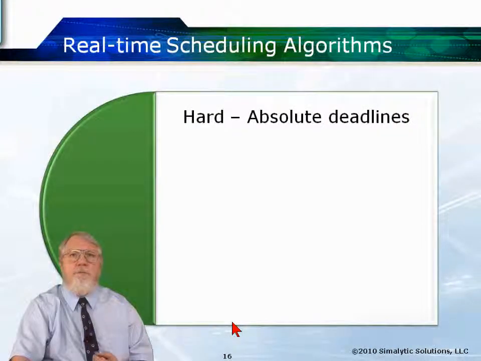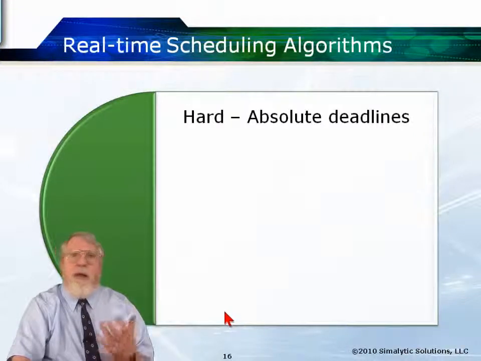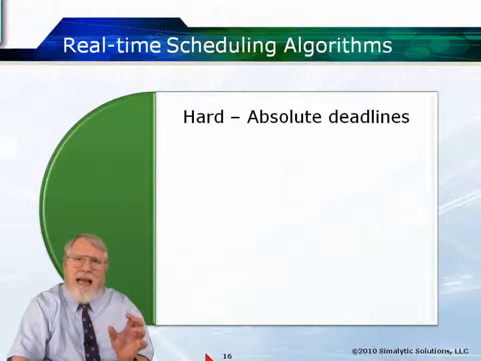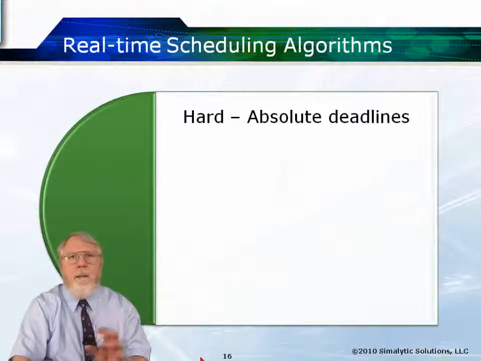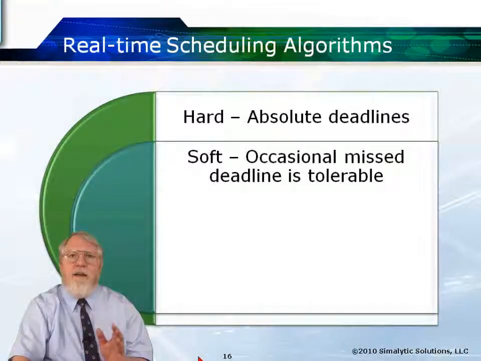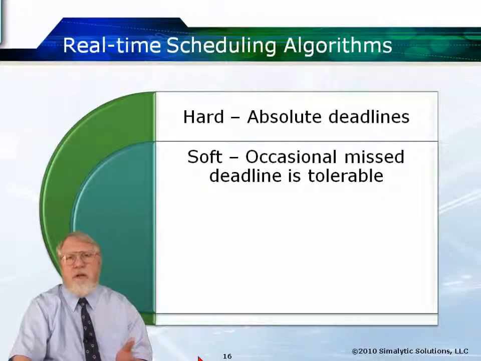the operating system. Now, in a real-time scheduler, we can have hard scheduling, which is the absolute deadlines, where it's very, very critical that we complete processing by a particular point in time. We can have soft, which means an occasional missed deadline is tolerable.